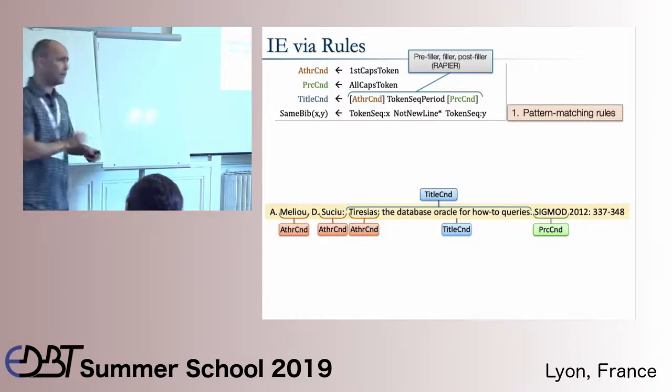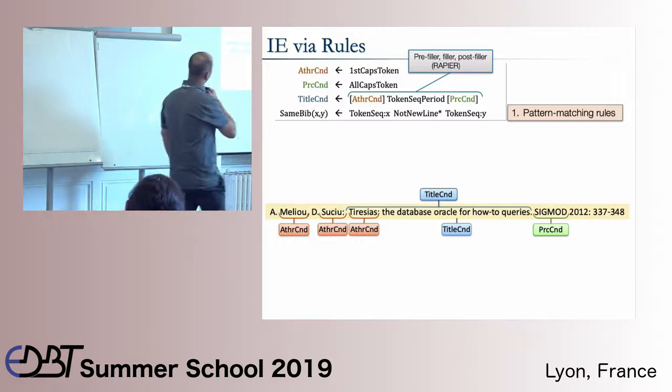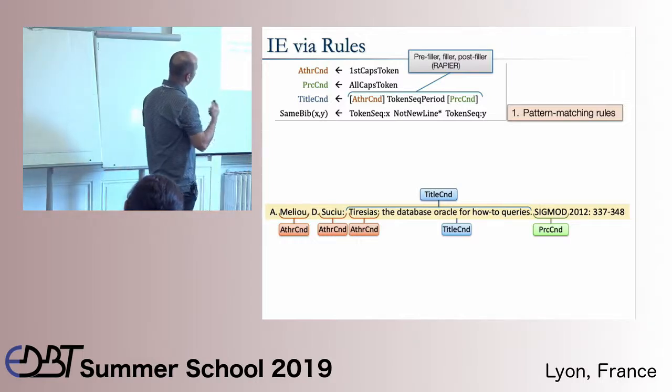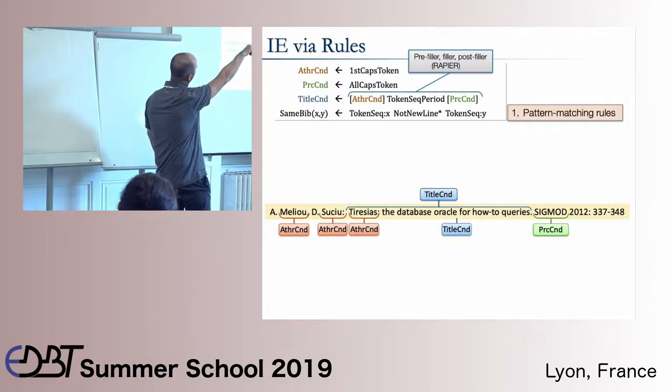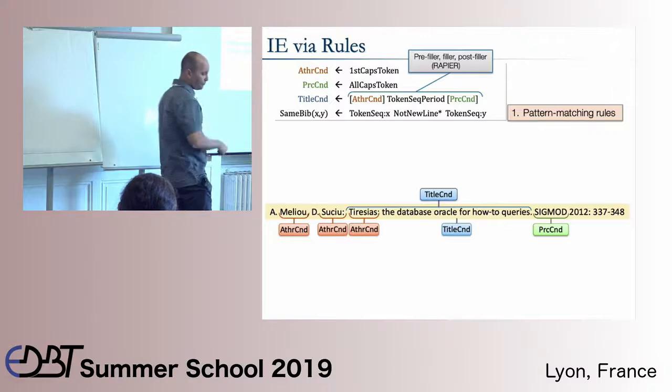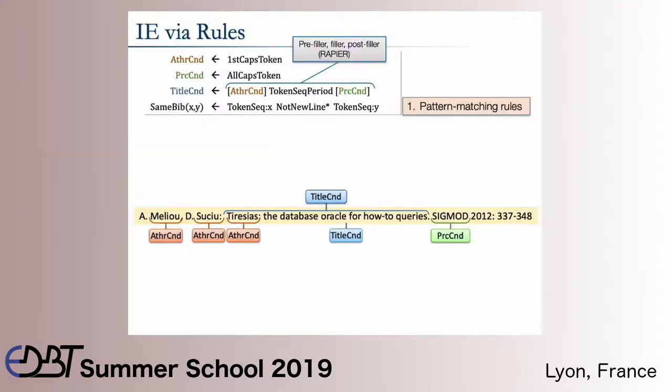So already what we see in these examples is showing the paradigms that people were using in these rules. First, there is this technique of the Rapier system that basically allows you to state rules like the pre-filler, what should come before the text, the filler, what your text should match against, and the post-filler, what should come after that.